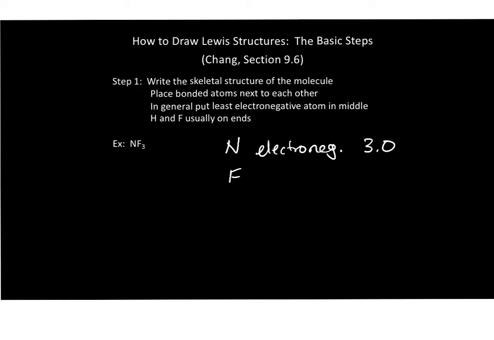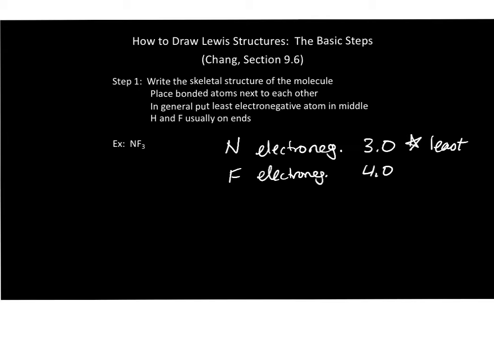I just mentioned fluorine is the most electronegative atom, and it also usually goes on the end, and its electronegativity value is 4.0. So thinking about who's the least, it's nitrogen when comparing those two. So even though nitrogen is very electronegative compared to some atoms, in this case, when I'm just comparing the nitrogen and the fluorine, nitrogen would be my least electronegative atom.